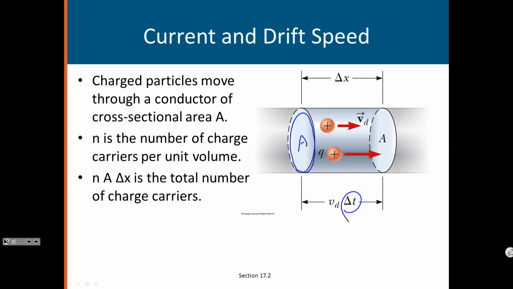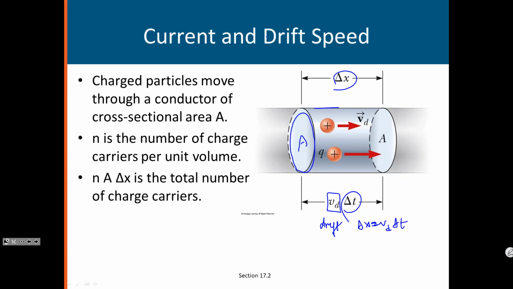If it has an average speed of Vd, we call it the drift speed, then the length it travels through this volume will be delta x, and delta x is equal to the average drift velocity multiplied by the time.